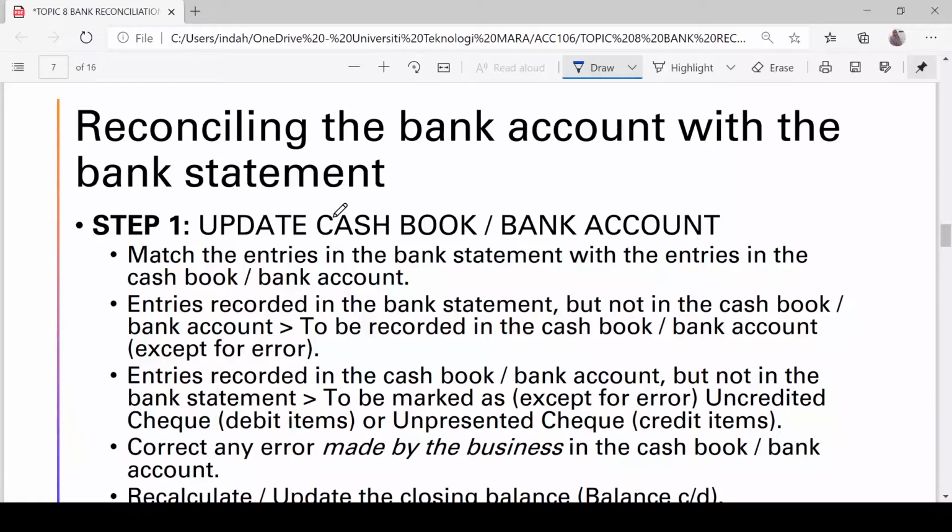After you match, if you notice that there are items which appear in the cash book but do not appear in the bank statement, items recorded by the business but not yet recorded in the bank statement, you're going to mark that item.